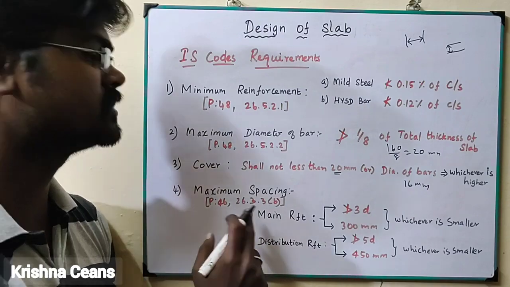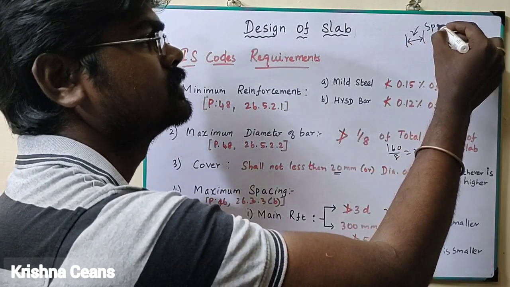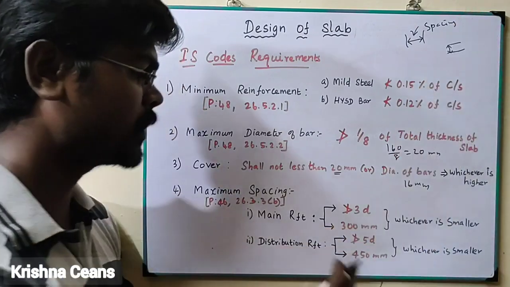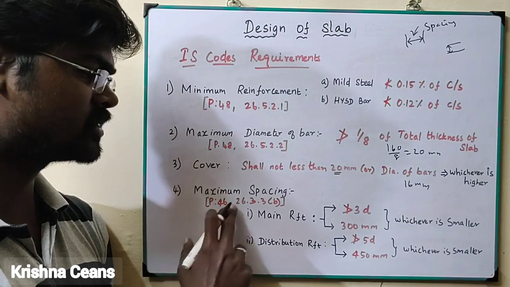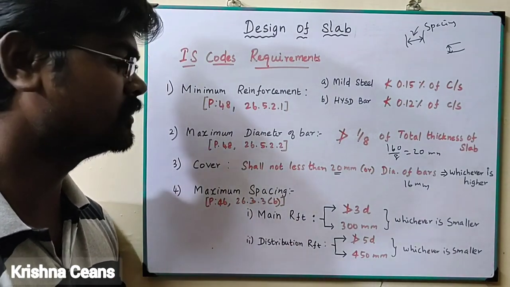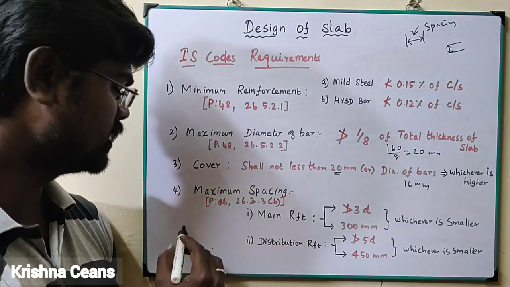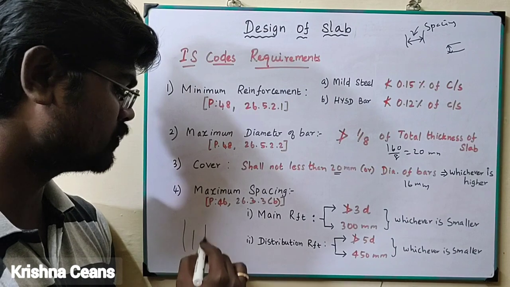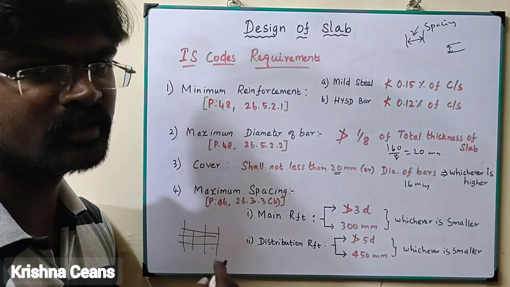Next, maximum spacing. This one is reinforcement to reinforcement, we call it the spacing. The spacing is mentioned in page number 46, 26.3.3 under category B, subdivision B, for the main reinforcement. We always provide main reinforcement in one direction, and in the other direction we provide the distribution reinforcement.